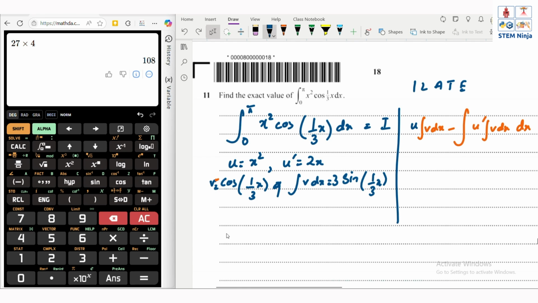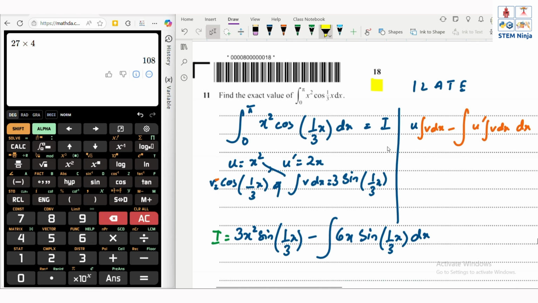So this is what we're going to do over here. u times that, so 3x squared sine 1/3 of x minus integral u prime, that is 2x, times the integral, so 2 times 3, that becomes 6, basically. 6x, so 3 times 2x, sine 1/3 of x dx.